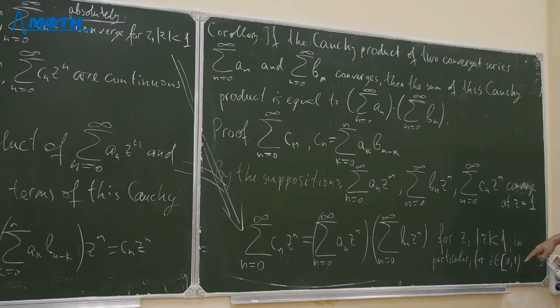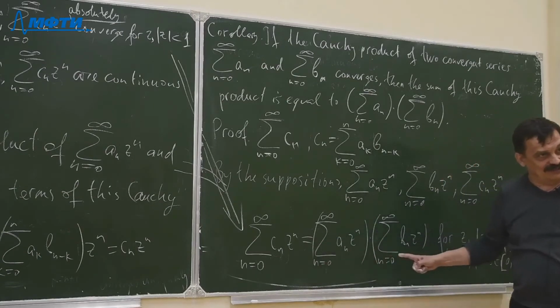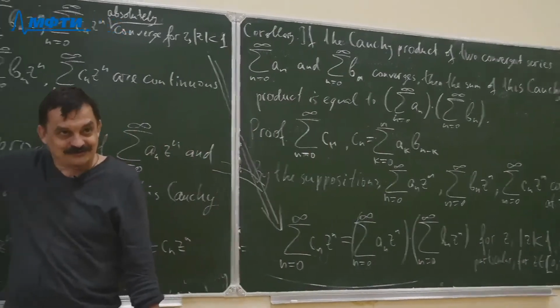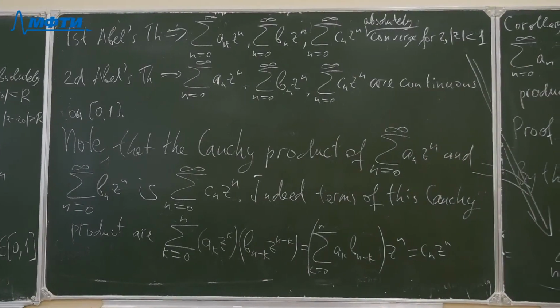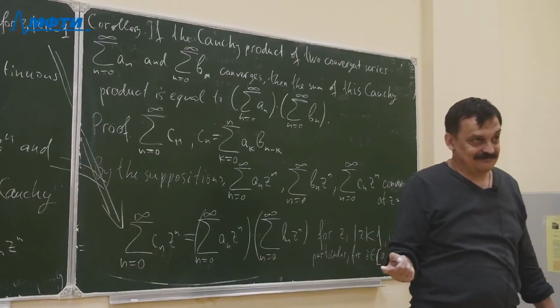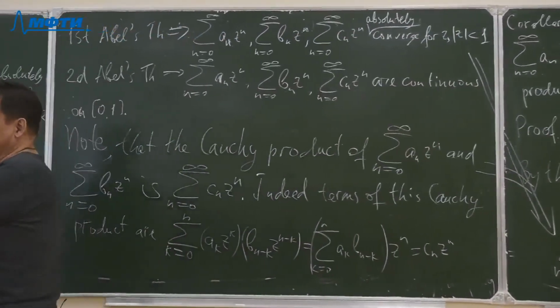Now we have an equality valid for all z in (0, 1), but not at 1 yet. But we know that all terms here are continuous on the closed interval. Hence this equality is valid for z equal to 1 as well, by continuity. And the proof is completed.